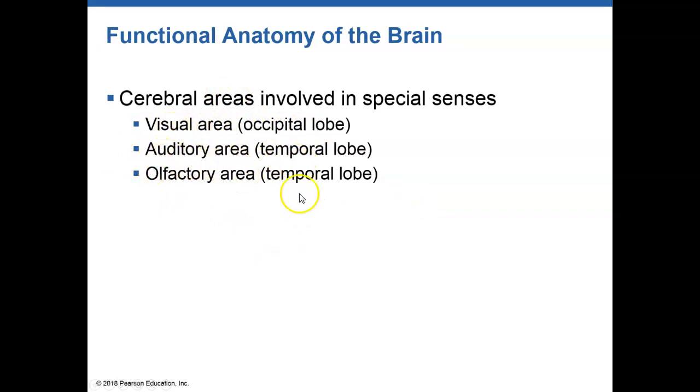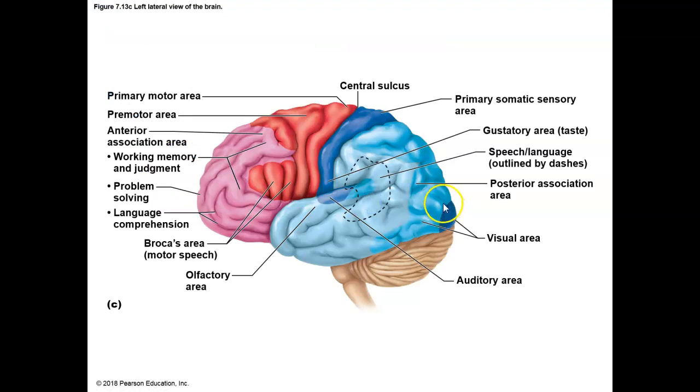If you had damage to the temporal lobe, that could cause problems with audition or olfaction. Here you can see the visual area in the occipital lobe, and over here you can see both olfaction and audition, so hearing and smell, in the temporal lobe.